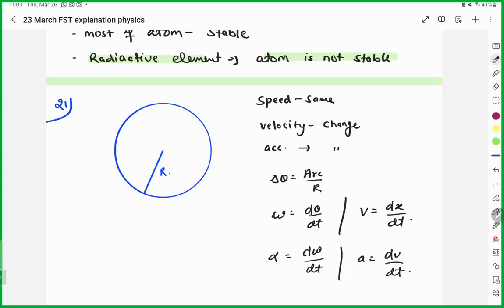Okay. V is equal to r omega and acceleration is equal to r alpha. Done. तो formula important है. Then you know velocity and acceleration will change. Why? Because both are vector quantities. In vector quantity, direction also matters.